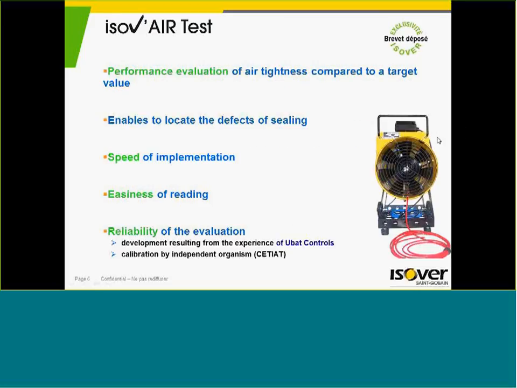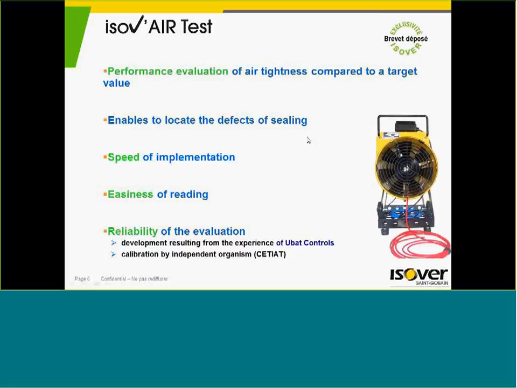The ISOVER test, the machine ISOVER has developed, is really easy to use because you have just 2 buttons. You put the blue tube in the house, and the red one outside the house.